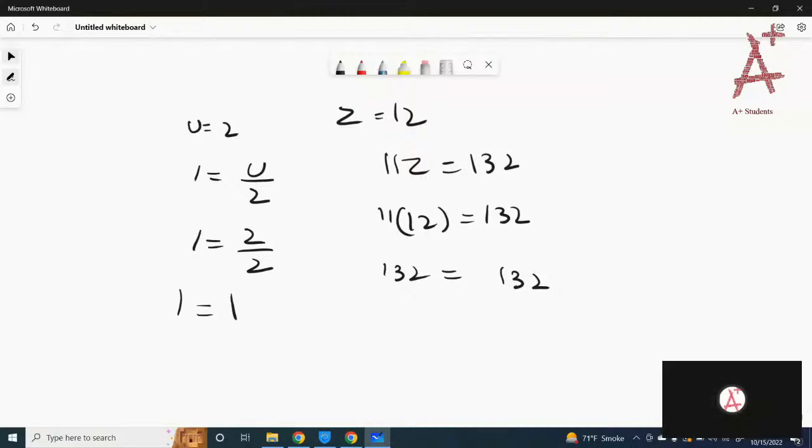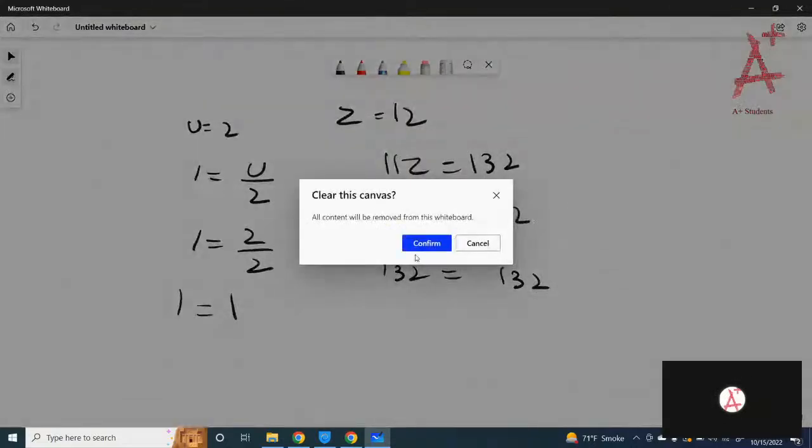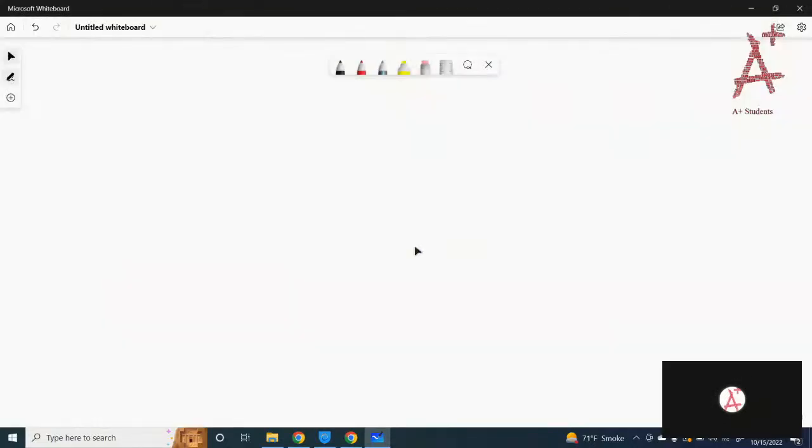Okay, is m equals 11 the solution of the equation? And the equation is m minus 6 equals 5. Just replace m with the value. It would be 11 minus 6, and 11 minus 6 is 5. Yes, both sides are equal.